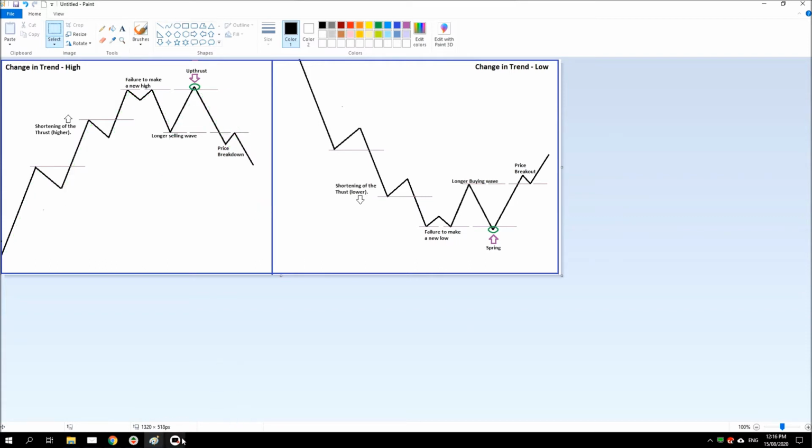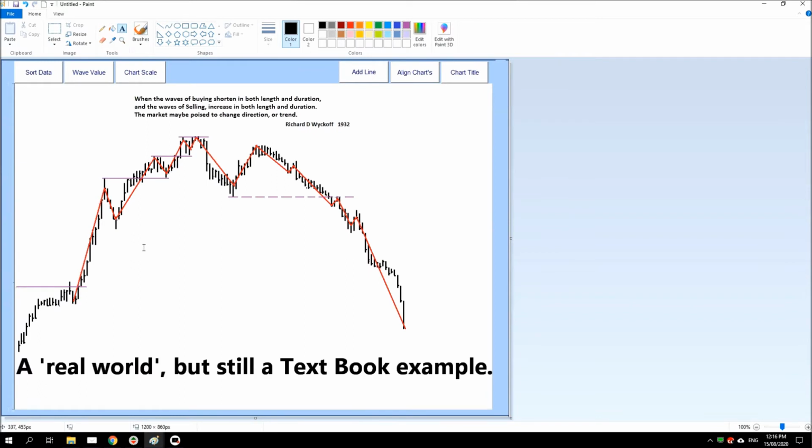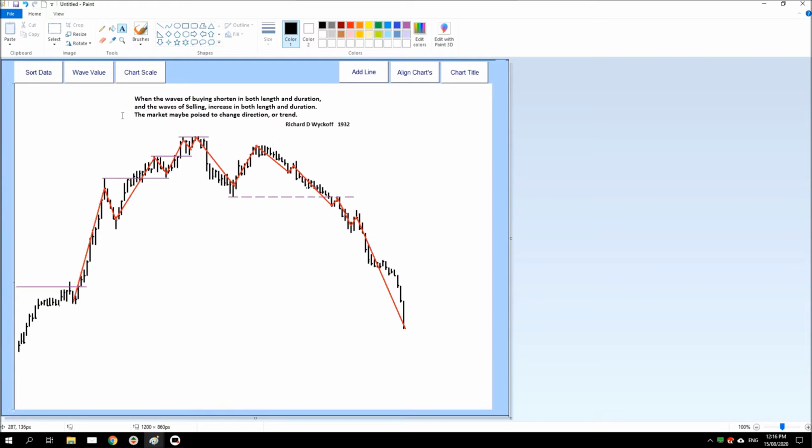Now let's look at a real world example. This was an intraday chart, if I remember rightly. And first of all, you can just see here that we've got a quote from Richard Wyckoff, who in 1932 said, "When the waves of buying shorten in both length and duration," and remember at this point that duration, or the amount of time a wave takes to complete, is also almost equal to volume.